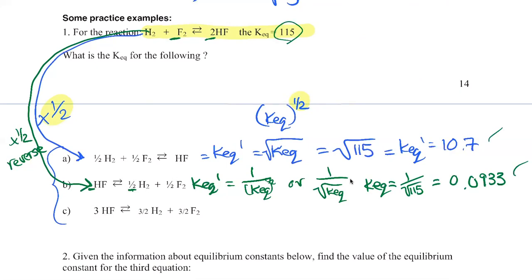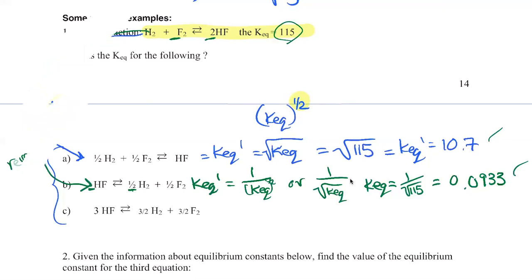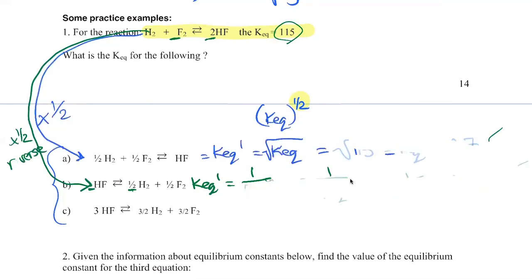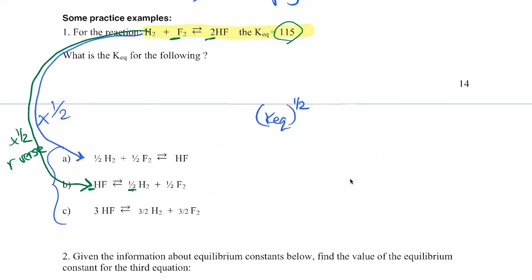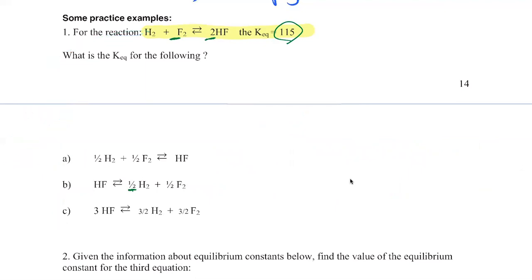Now this is getting a little bit messy, so I'm going to erase some of this just to make room for doing the last one. There we go. Makes it a little bit easier to see. So here's our original equation still.